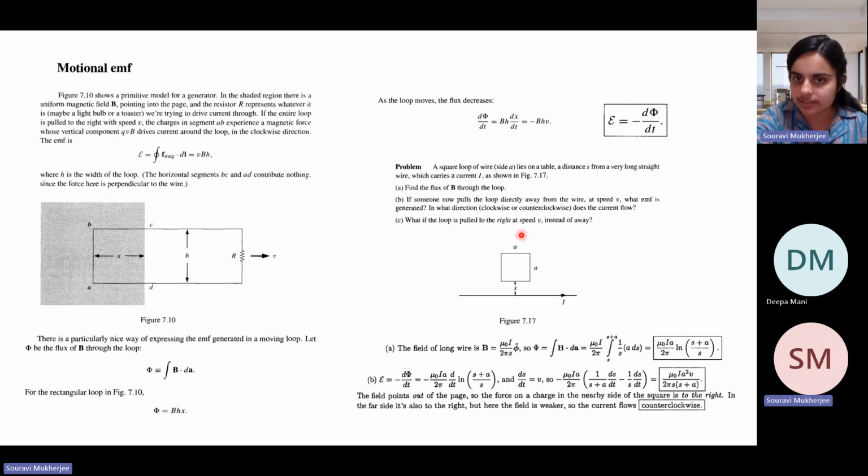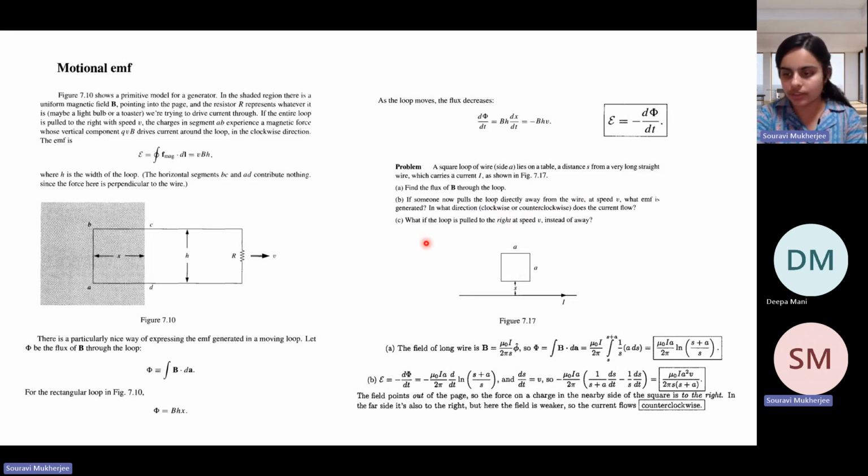But the force here is less than what you get here. Why? Because you have this 1 by S dependence in the magnetic field. So there'll be a net current which flows counterclockwise, right? There is more flux here, less flux here. So you can consider that the current flows in the counterclockwise direction in this loop.